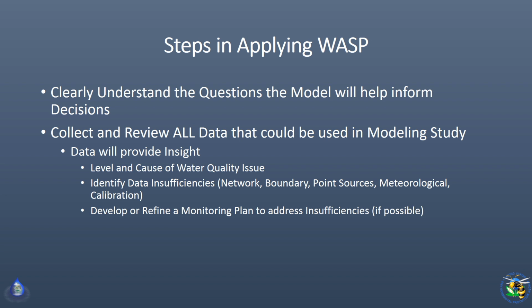You can identify, prior to applying the model, data insufficiencies, whether it's in developing the network, adequately defining the boundaries, point source loading information, meteorological conditions, or calibration data, because all of this data is very, very important to be able to support and prove that the model is adequately parameterized, and when it's calibrated there's enough data to constrain and show that the model is capable of helping in decisions.